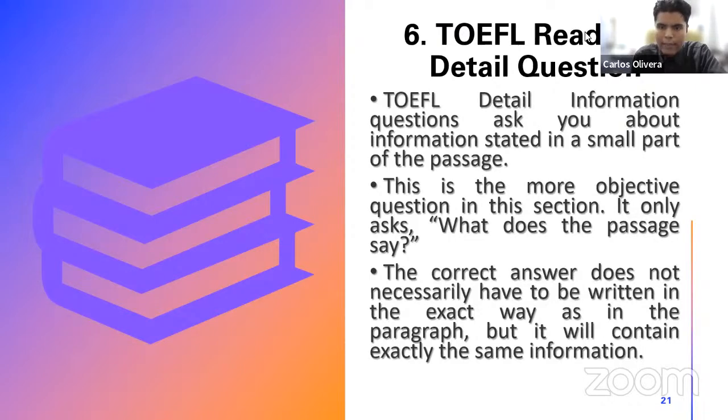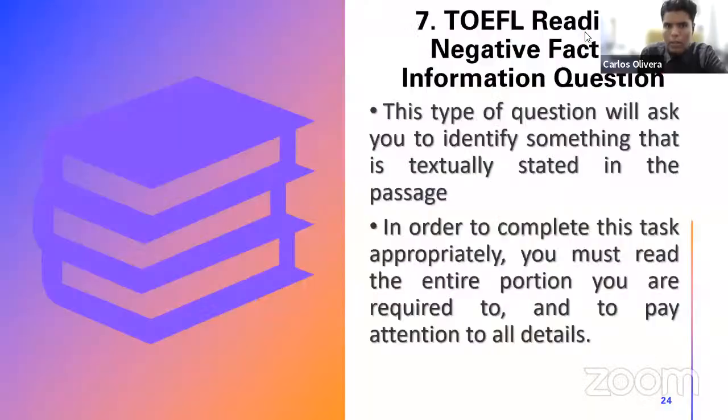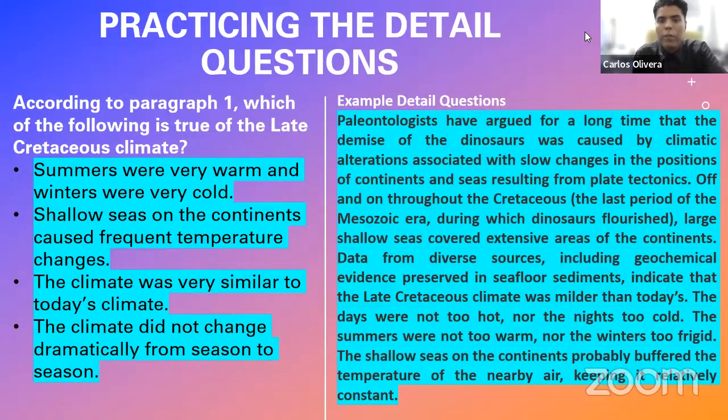It only asks, what does the passage say about a specific topic? The correct answer does not necessarily have to be written in the exact way as in the paragraph, but it will contain exactly the same information, okay? So let's look at an example, and we are going to understand it more accurately.